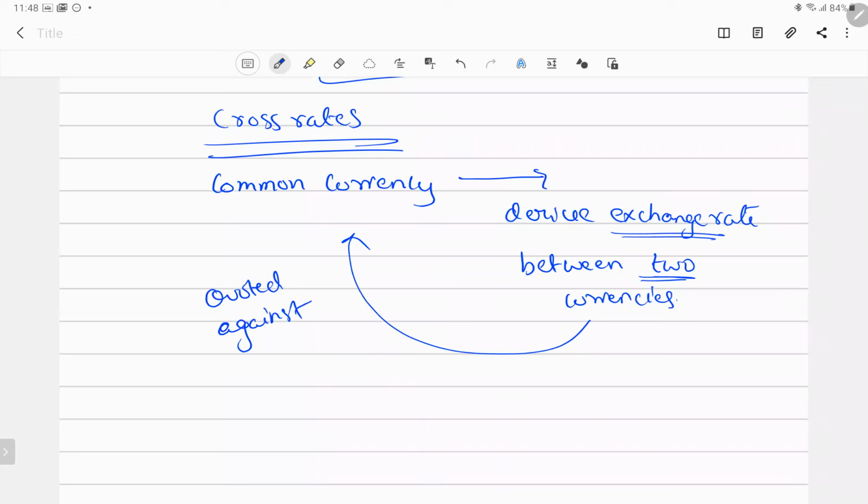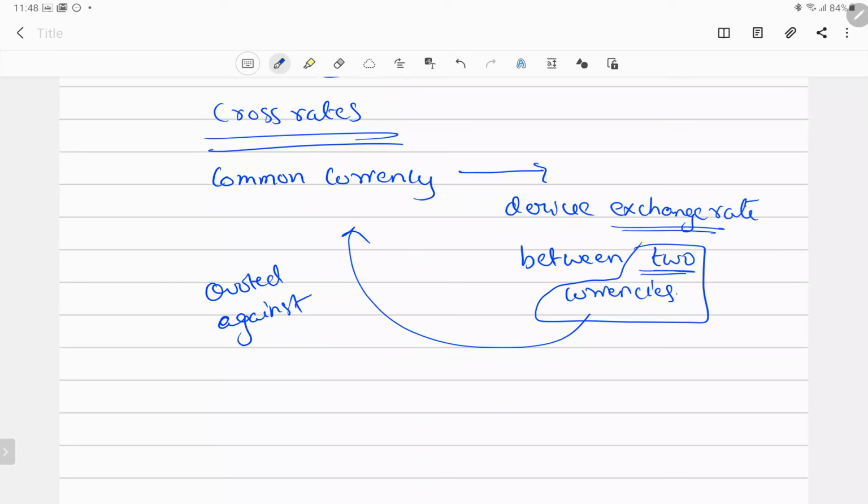These two currencies would have been quoted against the common currency. Let me come to a simple example.